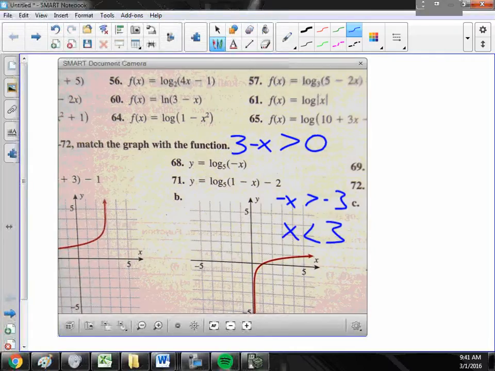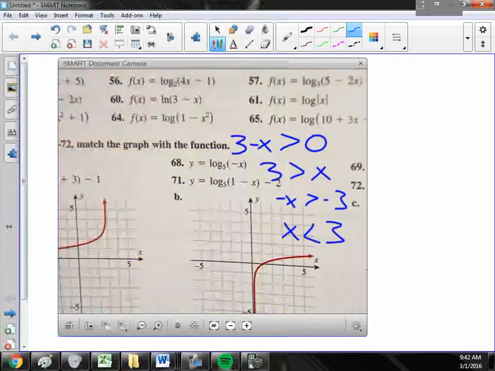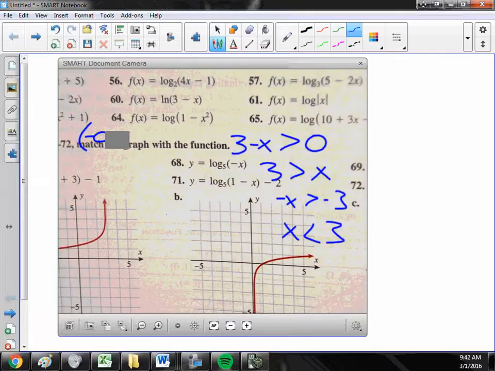Or the easier way would have been just add x to the other side. So 3 is greater than x. What is that in interval notation? So we have to list the small end first, negative infinity to 3. And they're both parentheses.